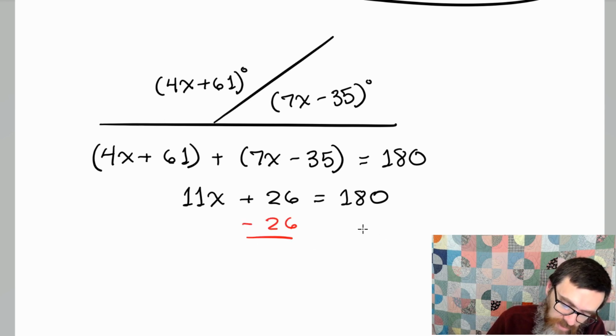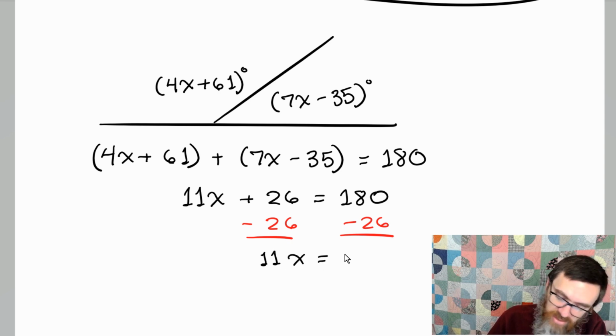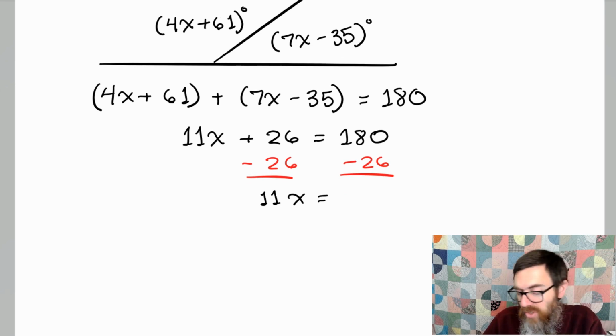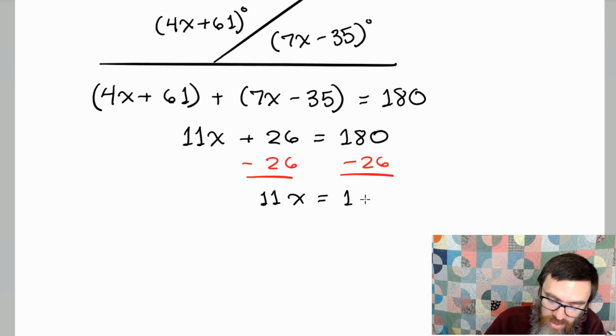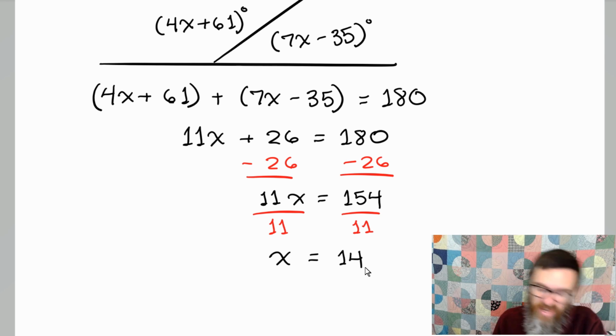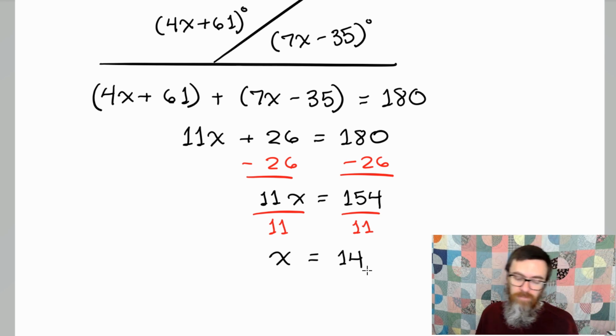So let's subtract 26. We get 11x is equal to 180 minus 26, which is 154. Divide both sides by 11. And x is equal to 14.